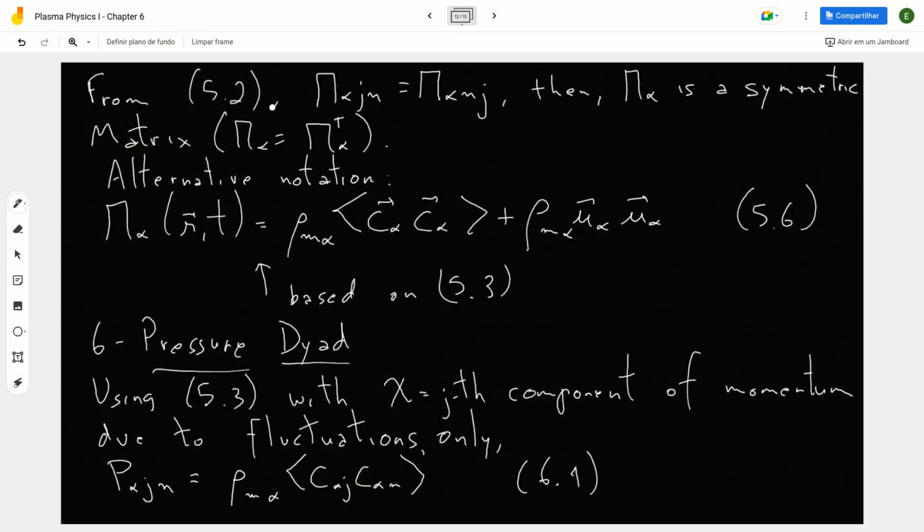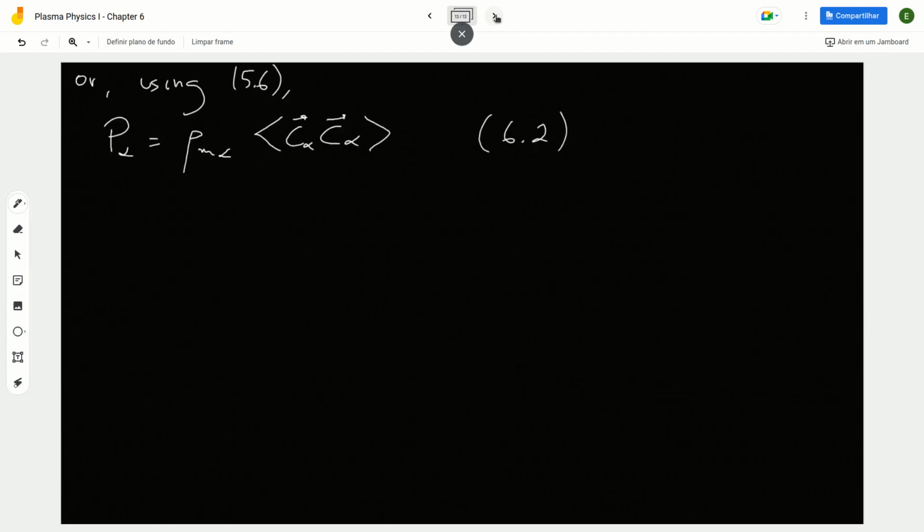And from the same 5.6, if you want, you may use this, which is the whole thing, minus this quantity. It may be useful to write P alpha in terms of the full momentum flow tensor. I just removed this part from the tensor to get the pressure.